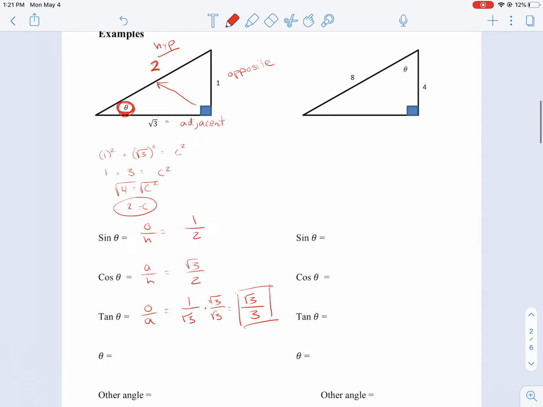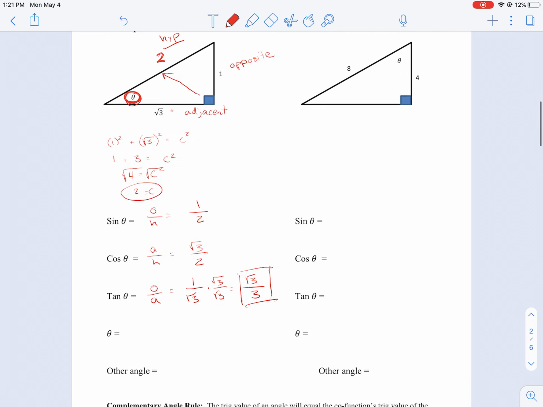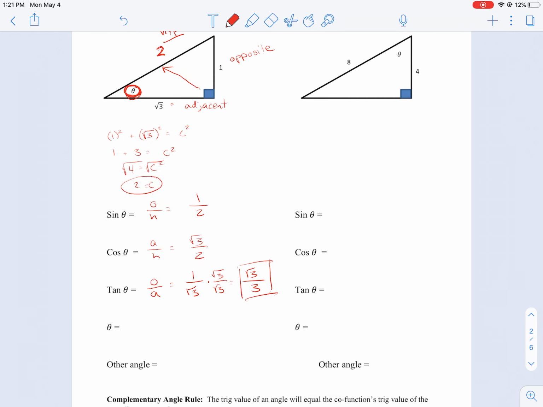So this is where I was going to talk about going to your calculator. And I want you to go to your mode. So go to the mode. Should be at the top. And your third option down, you should have radians selected. So radian should be selected. Right?